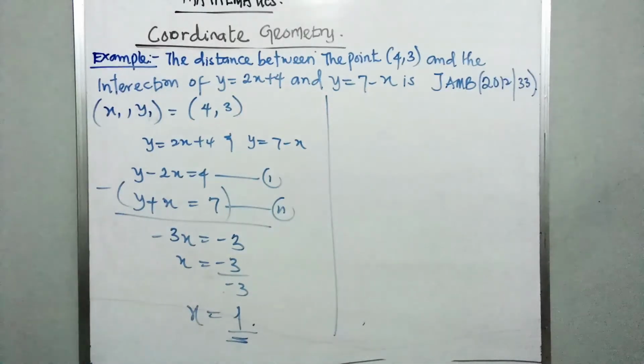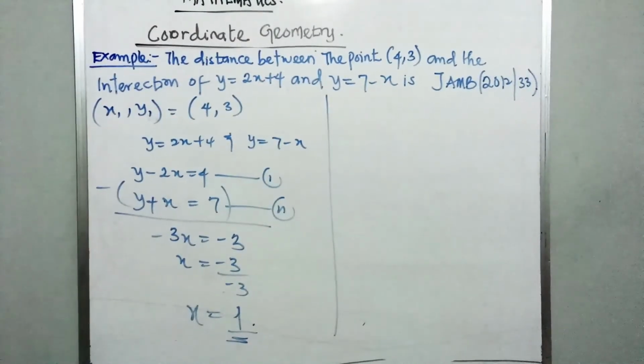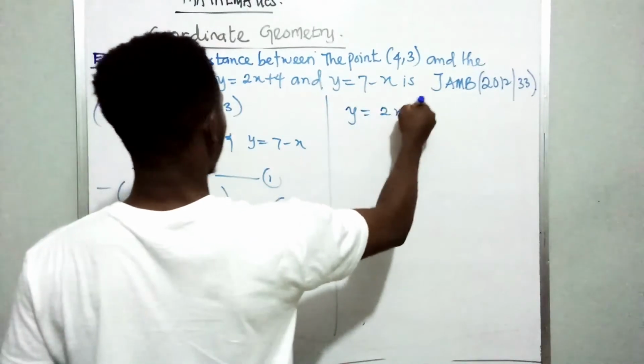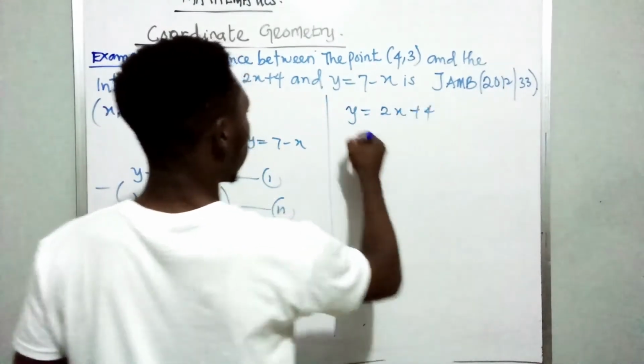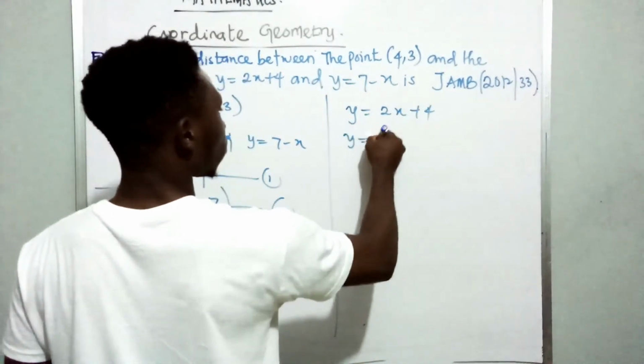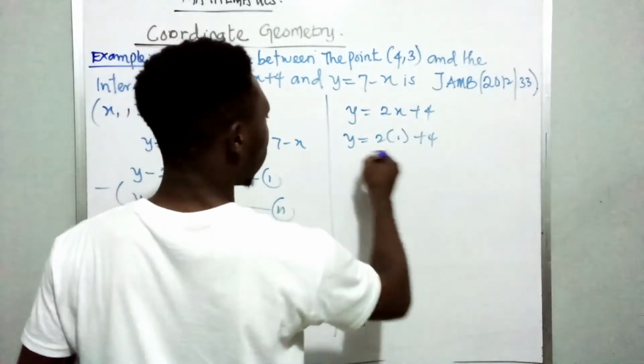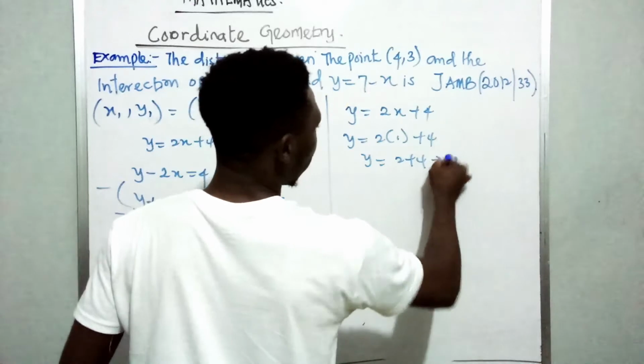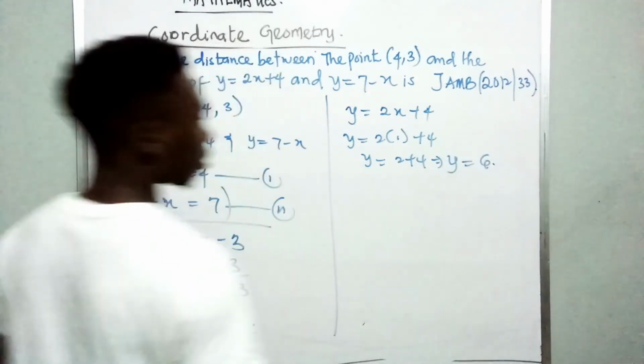I can now go further to find my value of y. So y here is now 2x plus 4. So y is equal to 2 times 1 plus 4. So y here is equal to 2 plus 4. That is, y here is equal to 6.